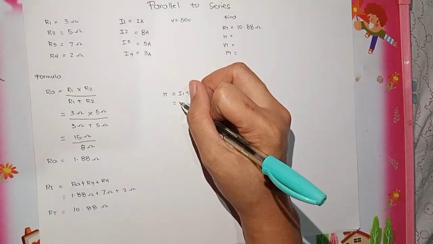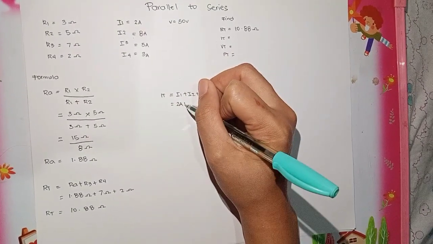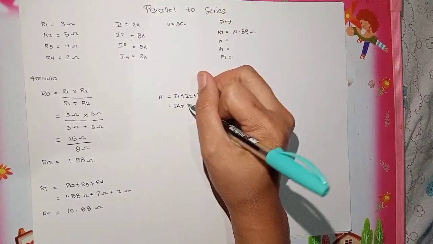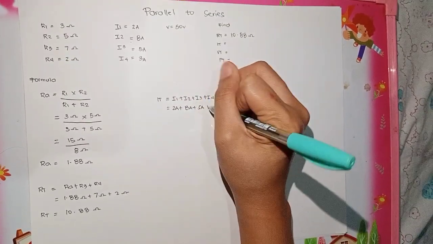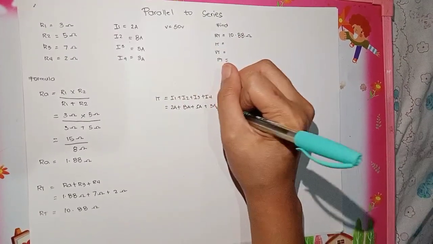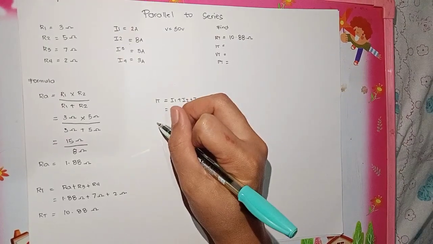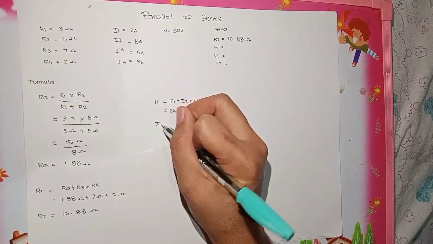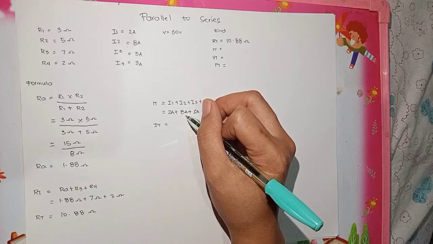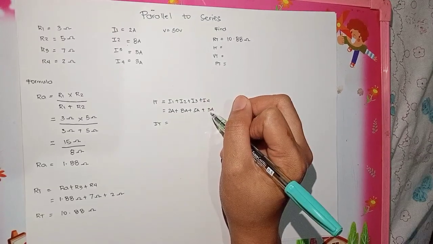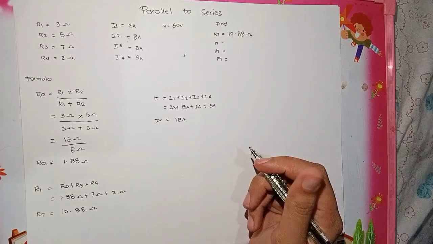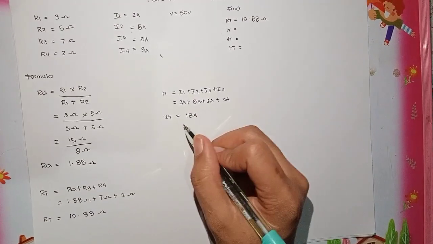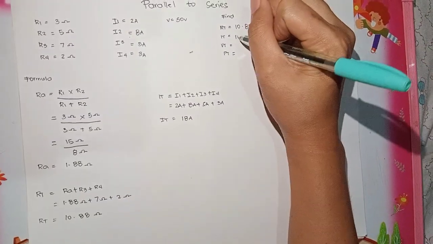I1 is equal to 2 amperes plus I2 which is 8 amperes plus I3 which is 5 amperes and I4 which is 3 amperes. Now let's add them all. 2 amperes plus 8 amperes plus 5 amperes plus 3 amperes is equal to 18 amperes. Therefore, the total current is 18 amperes.